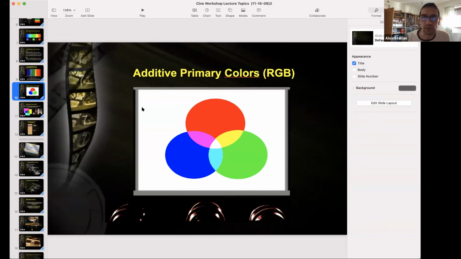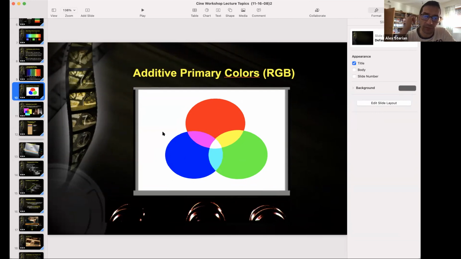So the difference from what we know from painting is that we talk about light overlaying here and producing those colors, and not pigments.